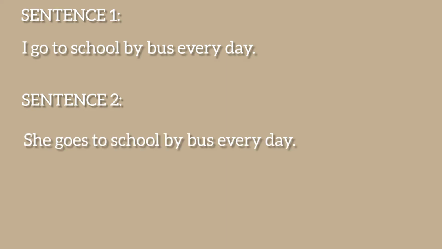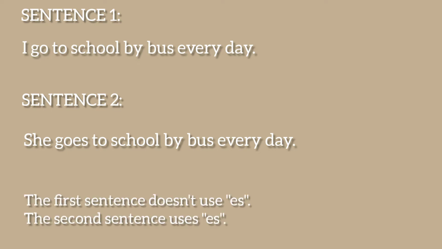And the second sentence is, she goes to school by bus every day. Can you see the difference between the first sentence and the second sentence? Yes, the first sentence doesn't use s in the verb, and the second sentence uses s in the verb.